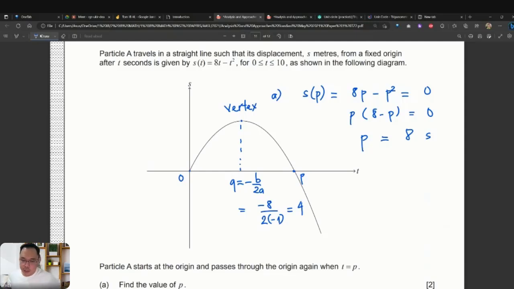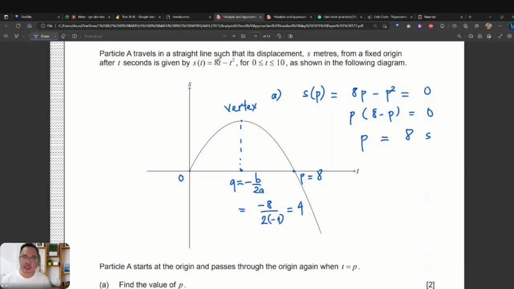Or we can understand it much simpler like this: because p here is 8, the vertex must be the midpoint between 0 and 8, because this is a symmetrical parabola. So that is one way, which is the simplest one.